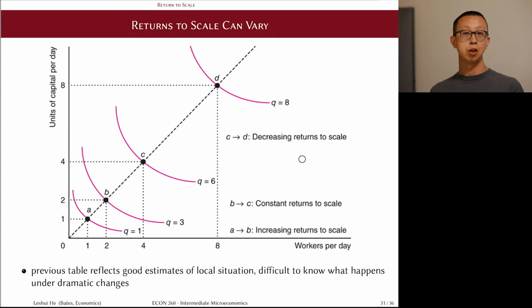From those estimates alone, it is difficult to know how the return to scale may change when their input levels change dramatically. To understand that, we will need more sophisticated models and perhaps more data. The properties of the production functions have important implications in estimating productivity at the firm level, and they are critical for modeling the firm's cost.